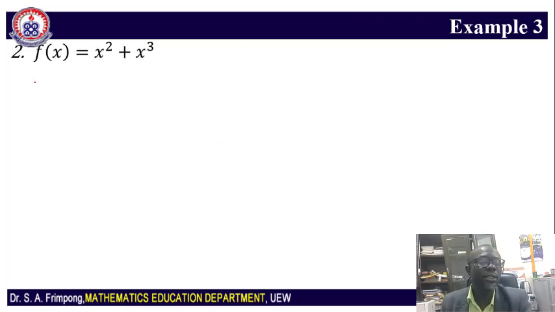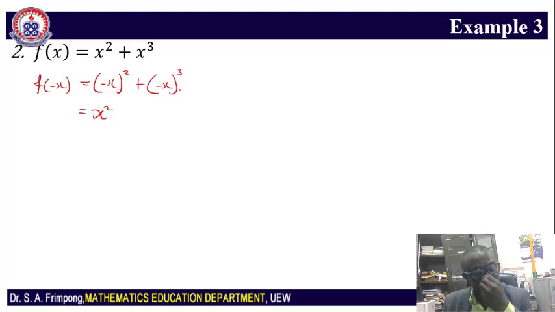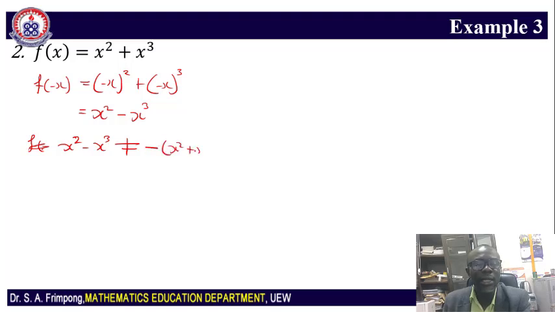Let's look at this one. The same thing. You're going to compute f of negative x, and you're going to get negative x all squared plus negative x raised to the power 3. Negative x all squared is x squared, but negative x raised to the power 3, you know that when a negative number is raised to an odd power, it becomes negative. So you're going to get negative x cubed. Now we realize that x squared minus x cubed is actually not equal to the negative of x squared plus x cubed.